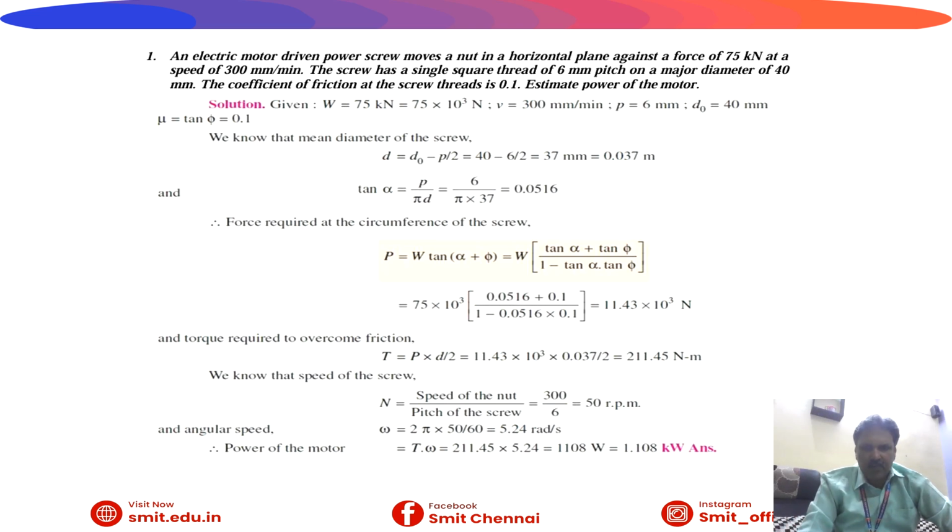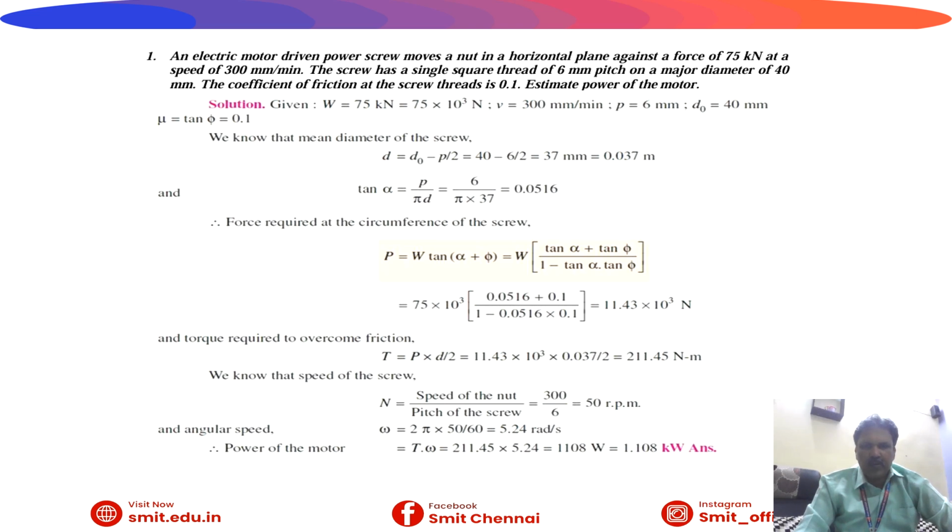Then we have the basic formula: mean diameter of the screw is D equals D naught minus P by 2. You get 0.037 meter. Then using the helix angle formula, tan alpha equals P by pi D. On substituting, we get 0.0516.